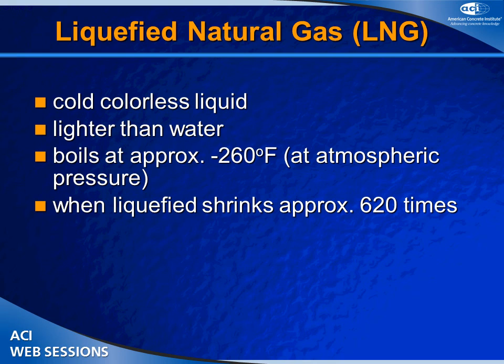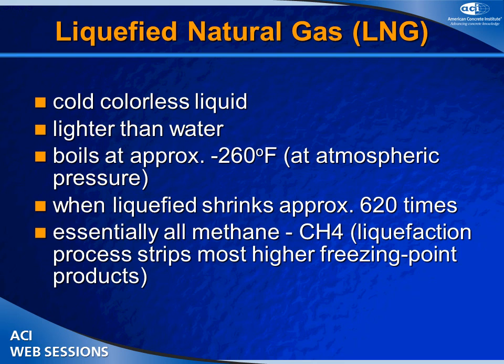One of the interesting things is that it expands 620 times when it goes from the liquid phase to the gas phase. That's a huge expansion when it evaporates. It's essentially all methane, and the liquefaction strips most of the higher freezing point products away from the material.